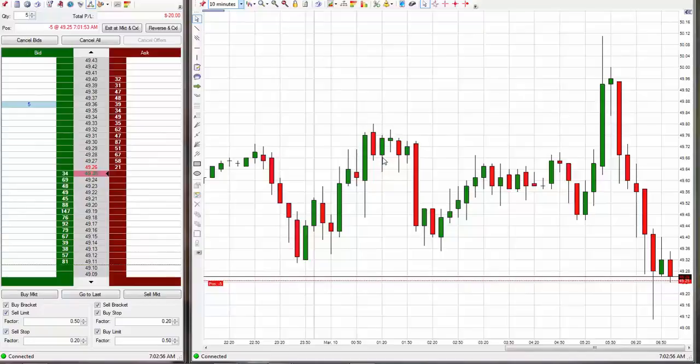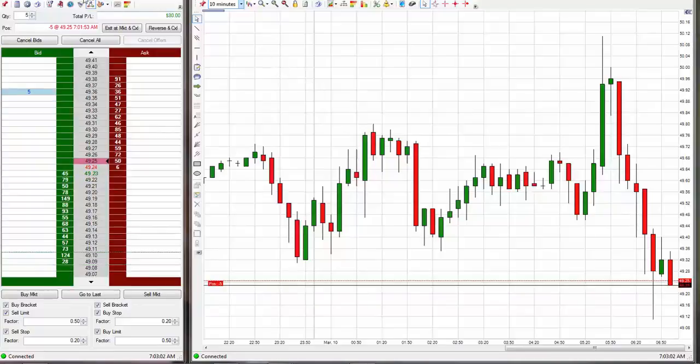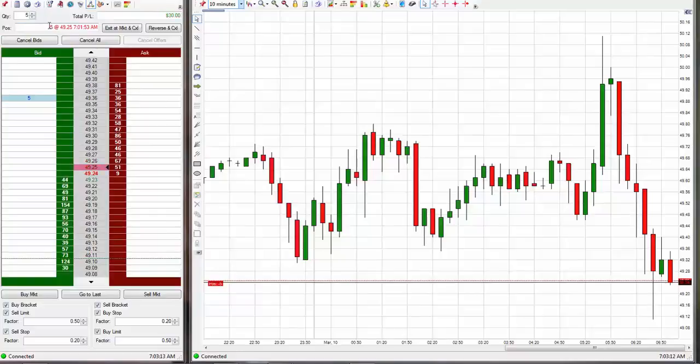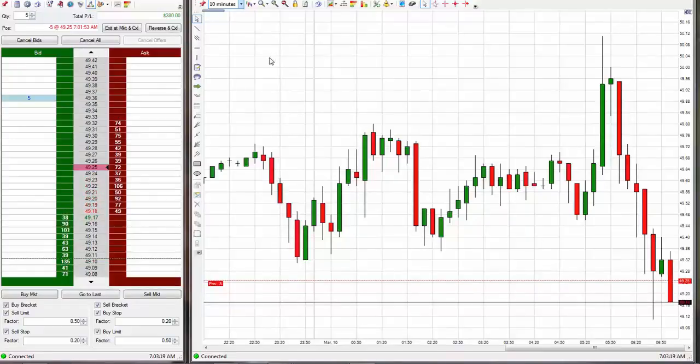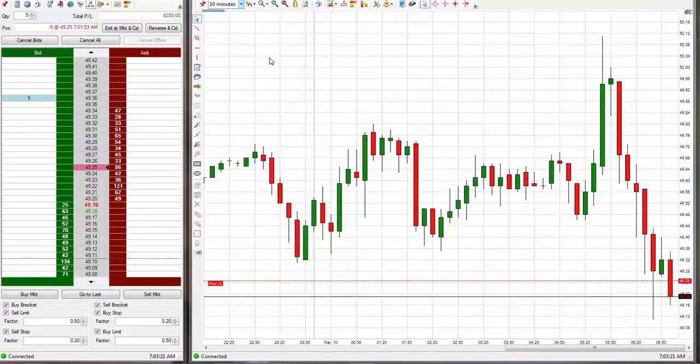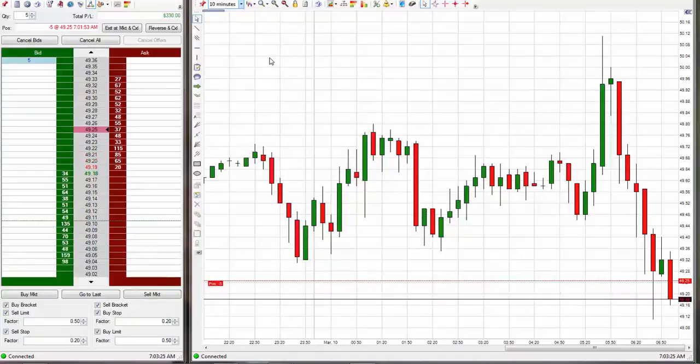Also, just to let all of you know, very soon I am going to start showing you multiple domes like this one for different instruments. This one's using CL, which is oil. And then I'll trade some other ones like gold or the E-mini, the Euro US dollar, or whatever is moving.